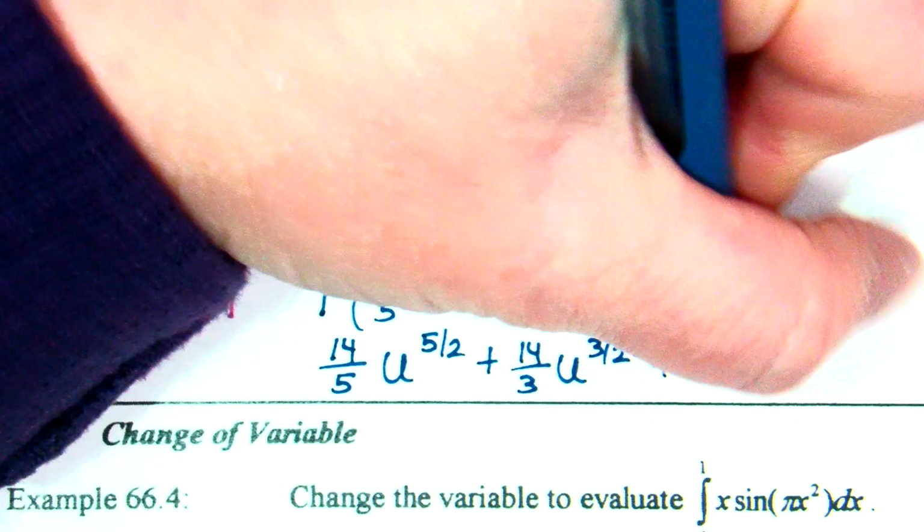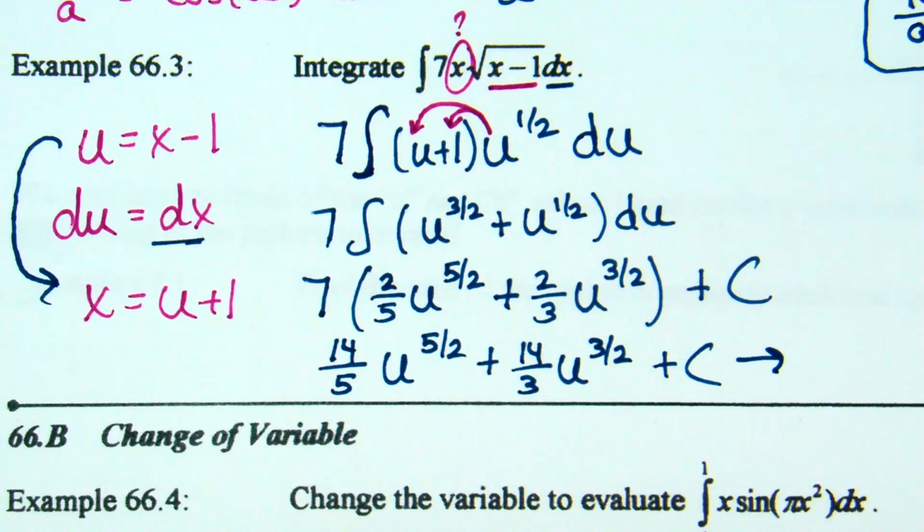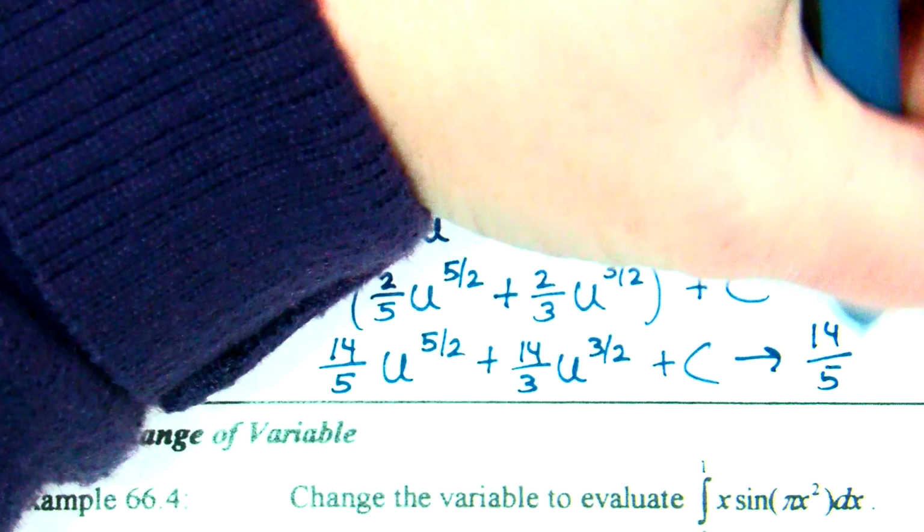If I replace u, what was u? x minus 1. So 14/5 (x minus 1) to the 5/2 plus 14/3 (x minus 1) to the 3/2, and don't forget, plus c.